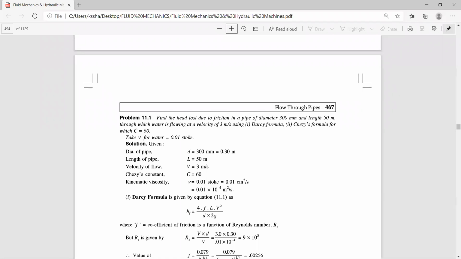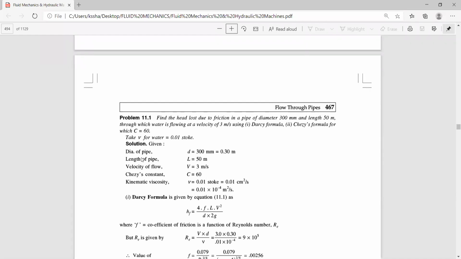Using first Darcy's formula, next Chezy's formula, for which C is equal to 60. Take v for water as 0.01 stoke. So now what is v? Again, you need to understand. Stoke, what was the stoke? It is the CGS unit for kinematic viscosity, which you have come across in the first module. Because we are studying the fifth module, we need to have the knowledge of all the four modules.